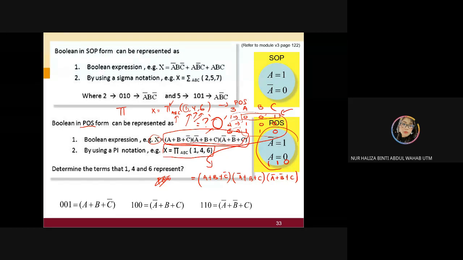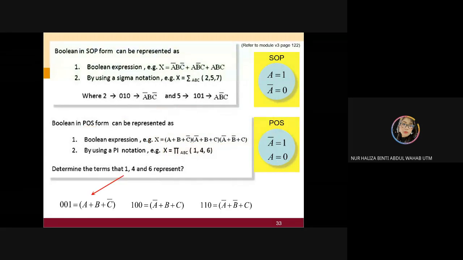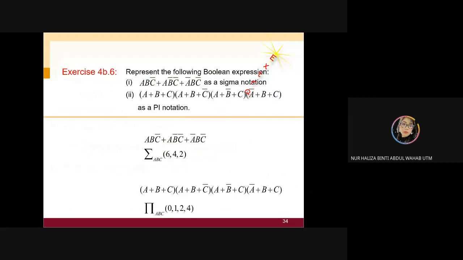So is it okay or not? If there is no question, because all of you keep quiet, you can see the next one. We have several examples for your notation. Here, represent the following Boolean expression as a sigma notation from your SOP.